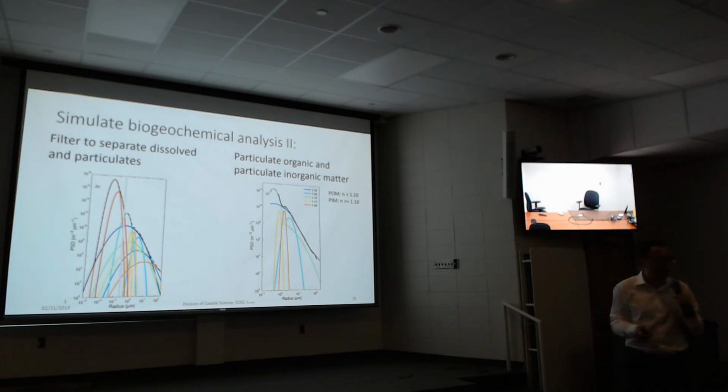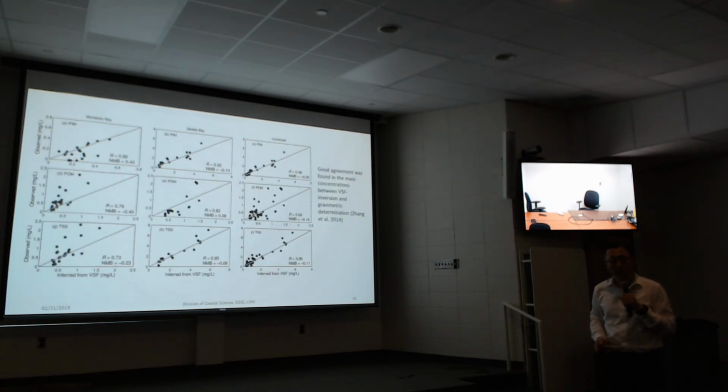And I can further group them: I group everything with refractive index less than 1.1. So those are size bigger than 0.2 micron with refractive index smaller than 1.1, and all the size greater than 0.2 micron with refractive index greater than 1.1. Smaller than 1.1 is typically called organic matter, and greater than that is inorganic matter. Now, we know their particle size distribution, so we can estimate their mass concentration.